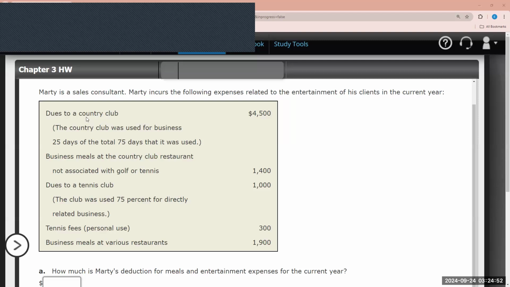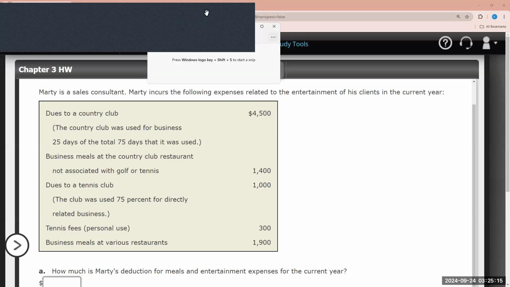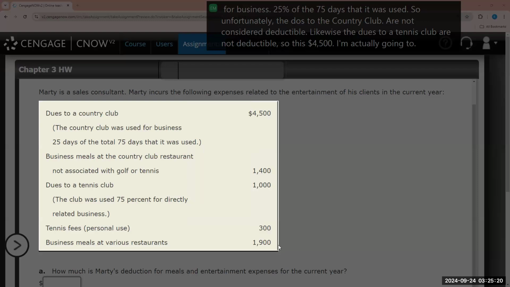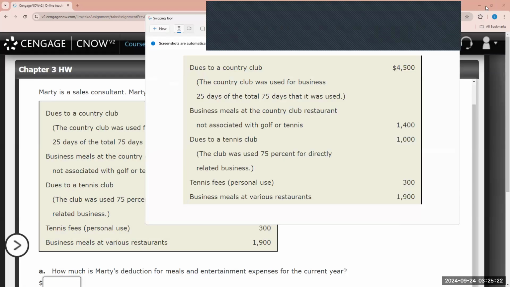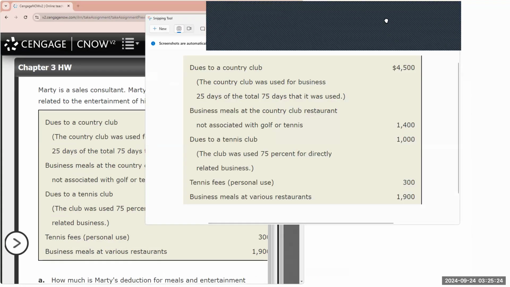So we see here, dues to a country club. The country club was used for business 25% of the 75 days that it was used. So unfortunately, the dues to the country club are not considered deductible. Likewise, the dues to a tennis club are not deductible. So there's $4,500. I'm actually going to put it side by side so we can X out what is not deductible.